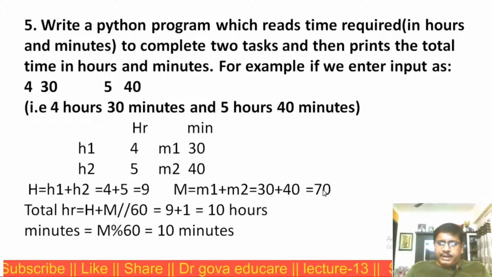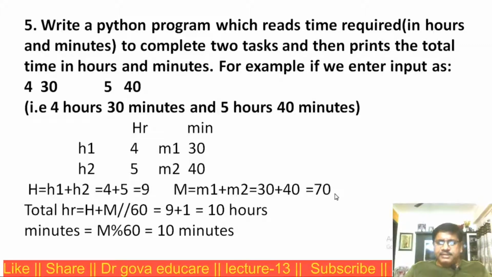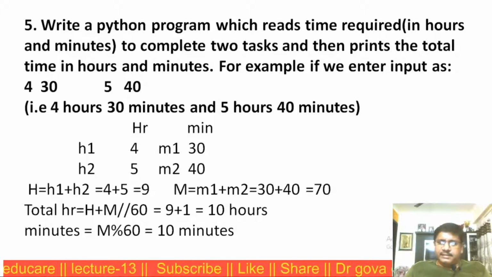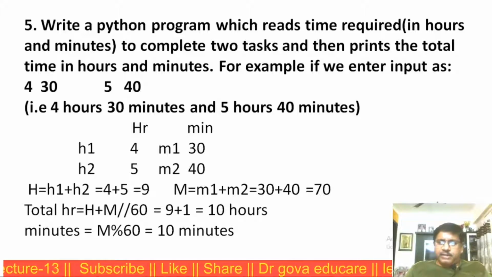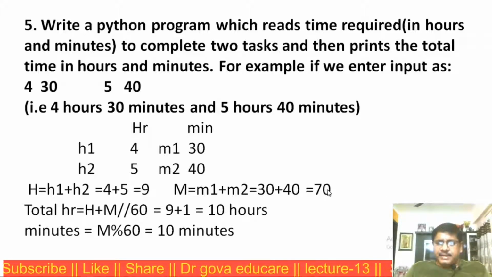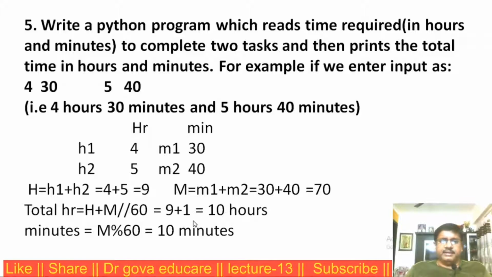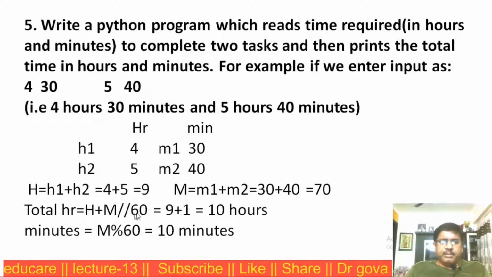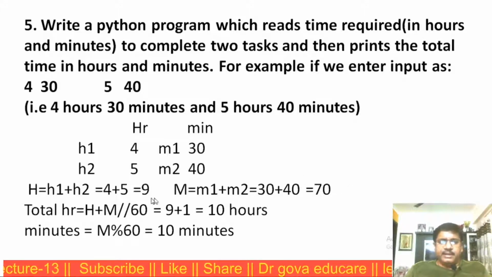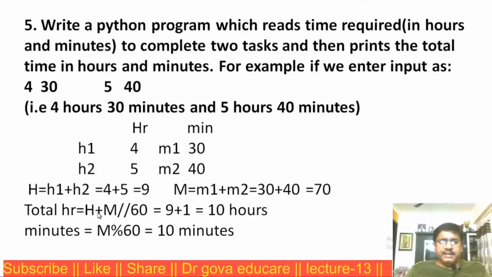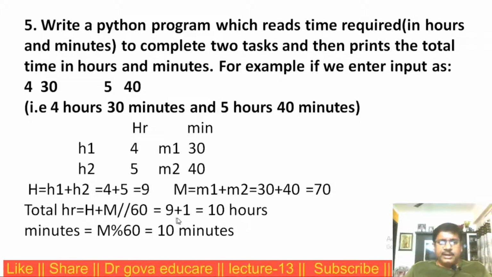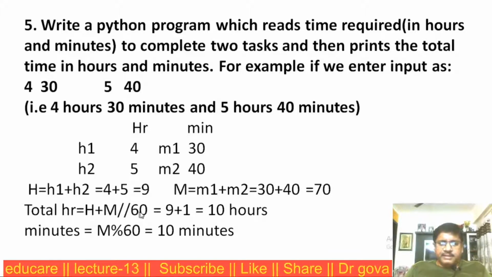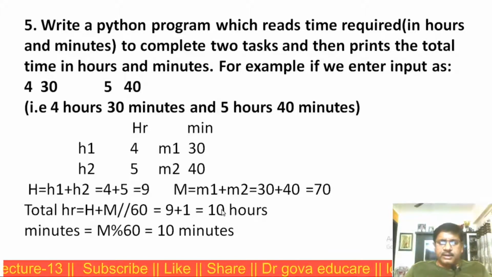If we divide 70 with 60, integer division, we get hours. Modular division, we get minutes. Total hours is equal to h plus m integer division with 60. Here h is 9 plus 70 integer division with 60, that is quotient 1, so 10 hours.